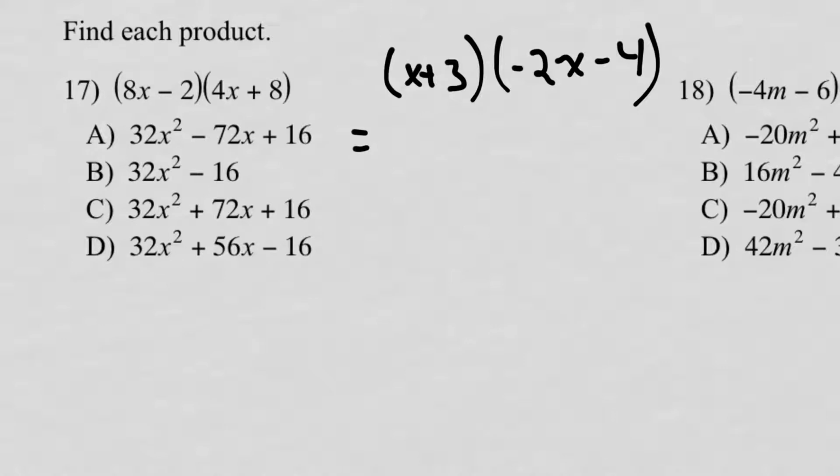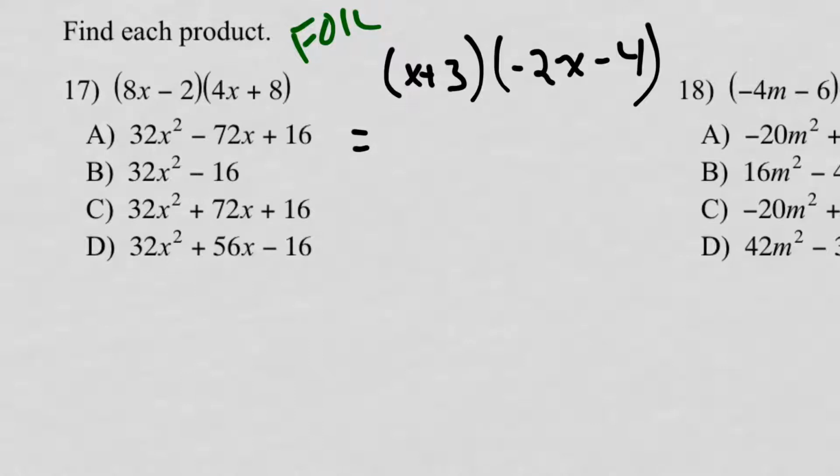In terms of that thing that a lot of people call FOIL, I think this is maybe a better way to look at it: each term in the first set of brackets has to get multiplied by each term in the second set of brackets. Otherwise, you just end up with something that does not equal the original. In other words, the numbers and letters would not match what's happening in reality.